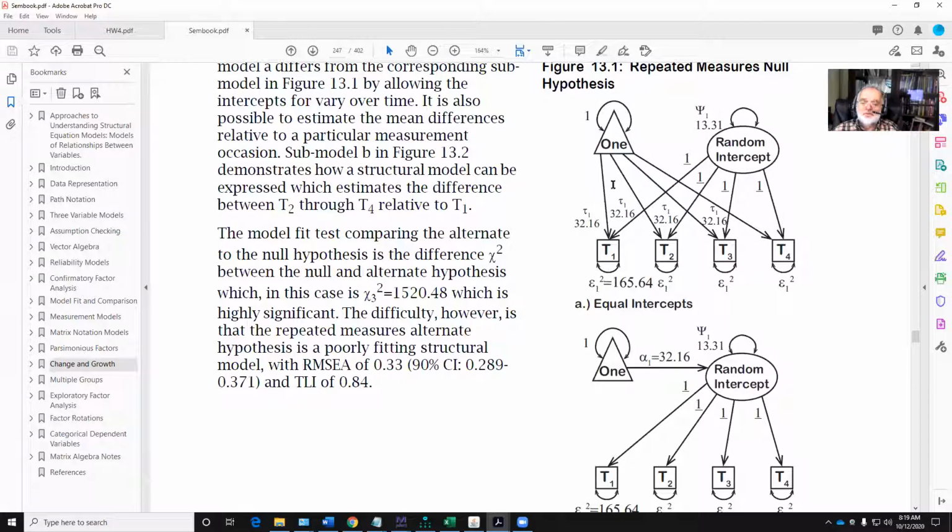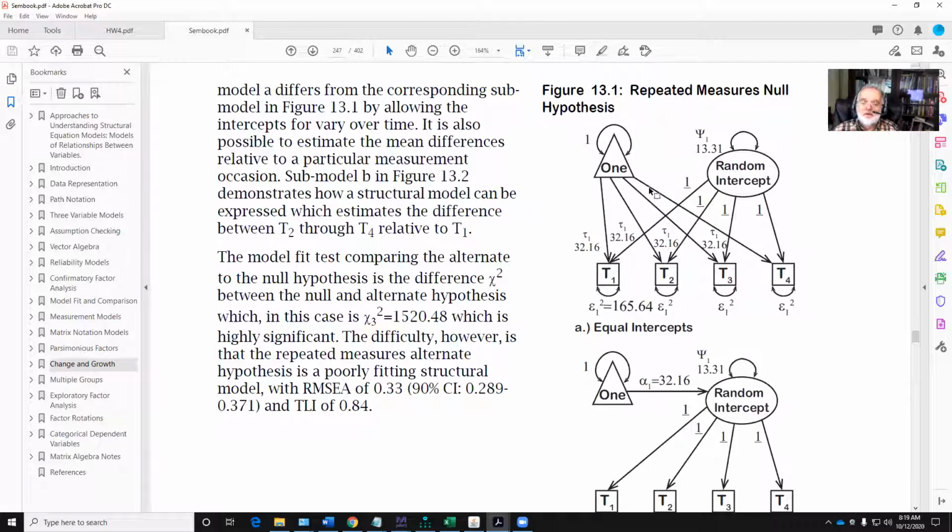Let's deal with the first one on top. In repeated measures analysis of variance with equal intercepts, I'm going to be saying there's a latent variable out here. It has a variance. And downstairs, all of the manifest variables have an error variance, and those error variances are the same over the course of time.